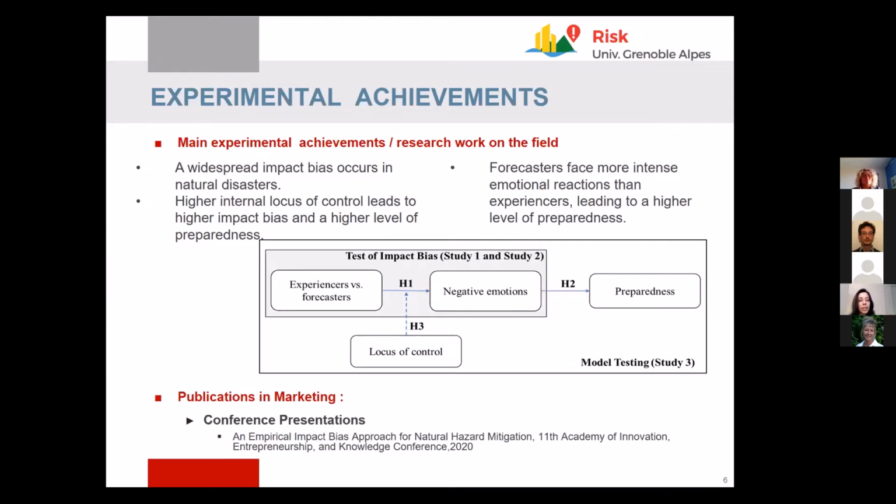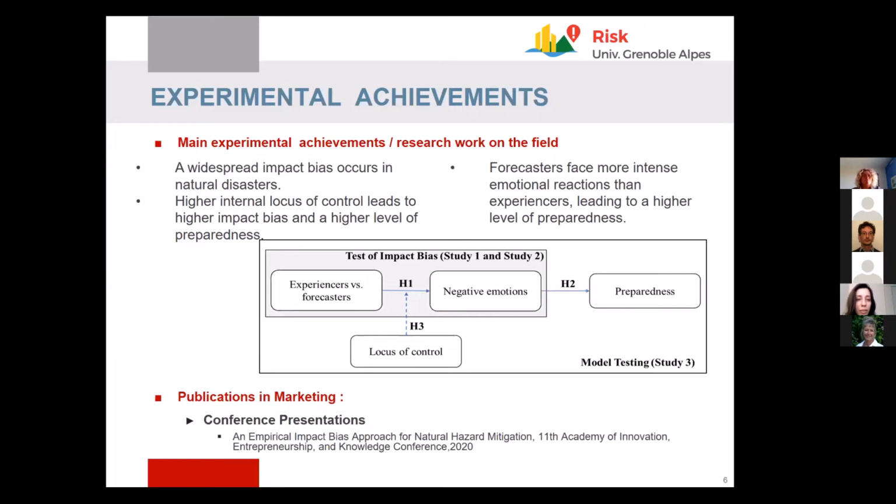The results we had show that the forecasters faced more intense emotional reactions than experiencers. These were the people who were forecasting their emotions, just seeing an image and stimuli, and then saying, okay, I feel scared, or I feel confident that I can cope with this problem.